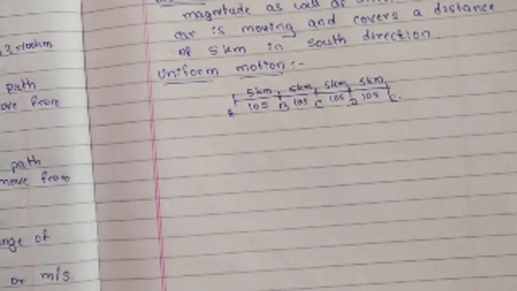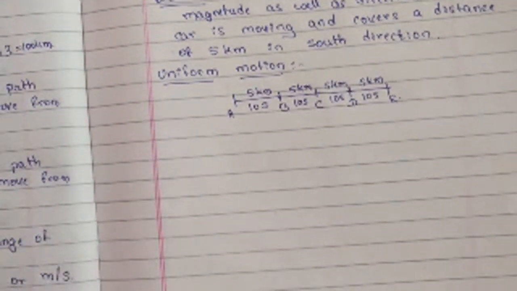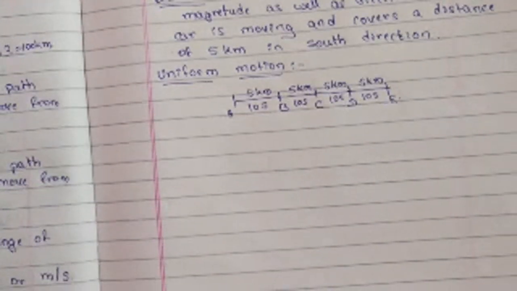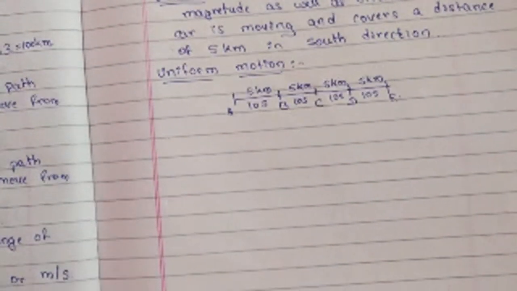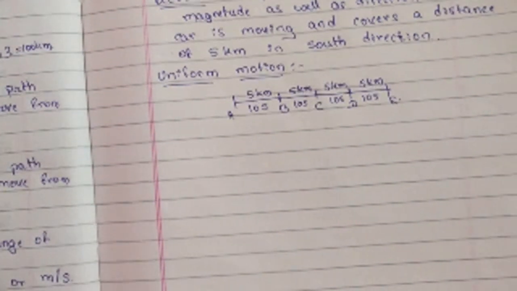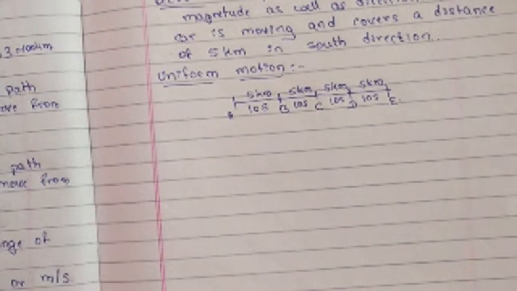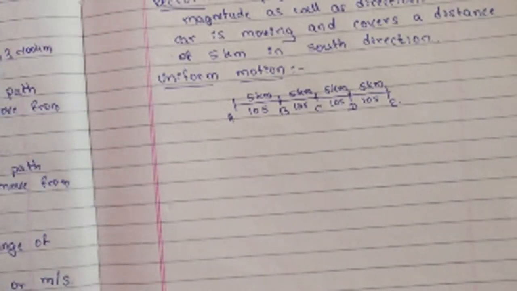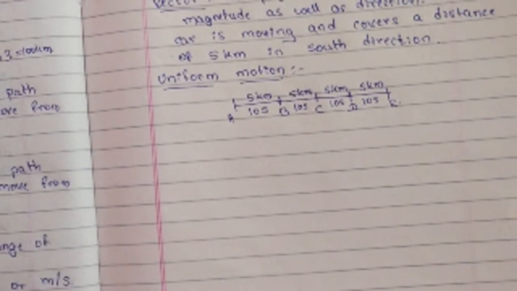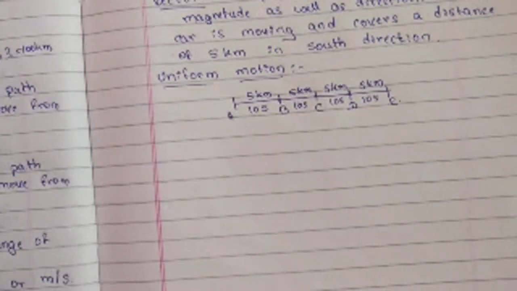So from A to B it is 5 kilometer, from B to C 5 kilometer, from C to D again 5 kilometer, and D to E again it covers a distance of 5 kilometer. And in all the intervals it takes the time as 10 seconds. To move from A to B it takes 10 seconds, similarly from B to C, from C to D, from D to E, it takes 10 seconds.